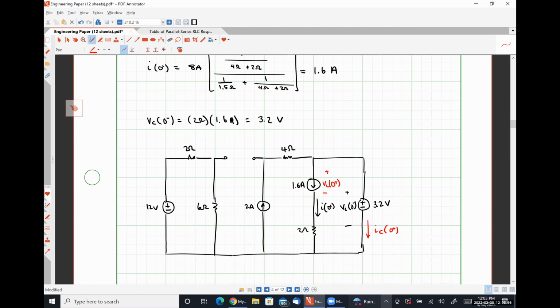Any thoughts on how we might determine either of those quantities? Right. We obviously know what I at 0 plus is and VC at 0 plus is. Now we just need to figure out the voltage drop over the inductor and the current flowing through the capacitor.